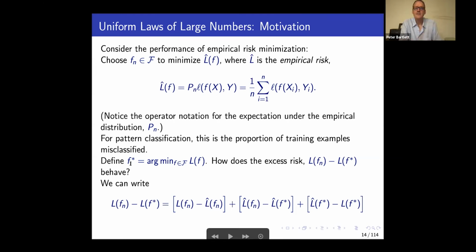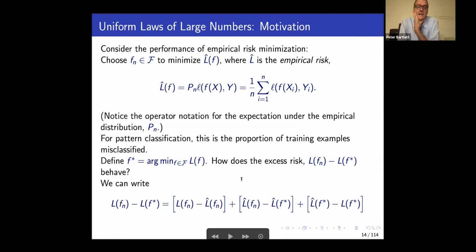So let's think about the best or some almost optimal function in our class, and that first question we wrote was, how far is the risk of the function that we choose based on the training sample, let's say using empirical risk minimization, how far is that from the optimum?